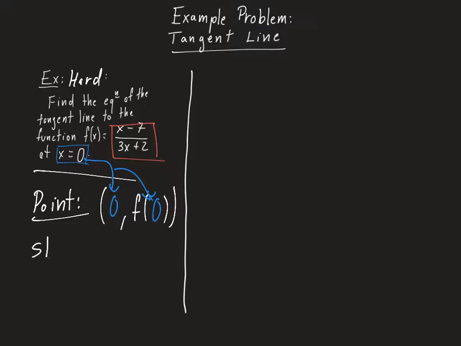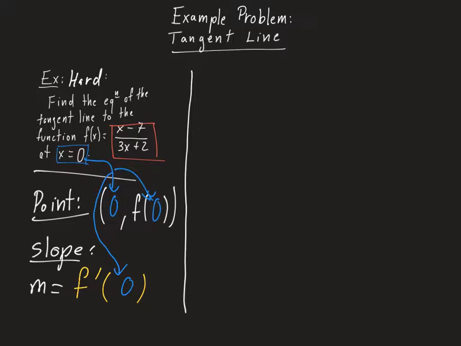And our slope, m, is going to be equal to the derivative of the function that we were given, evaluated once again at x equals 0.